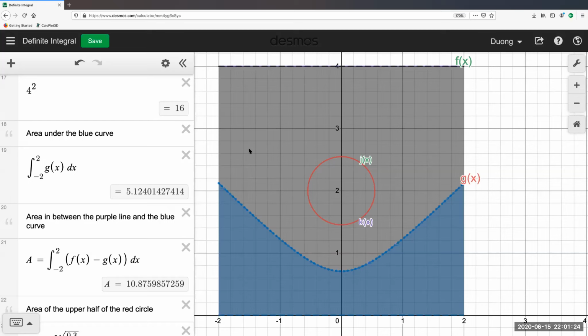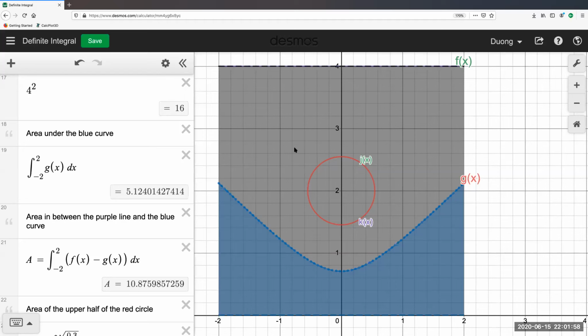Now, once I have the area of this big square and I have the area of this blue region, I can use definite integrals to find the area of this gray area here, including the circle. It's going to equal the integral from negative 2 to 2 of f of x minus g of x dx. And the area is 10.87598.